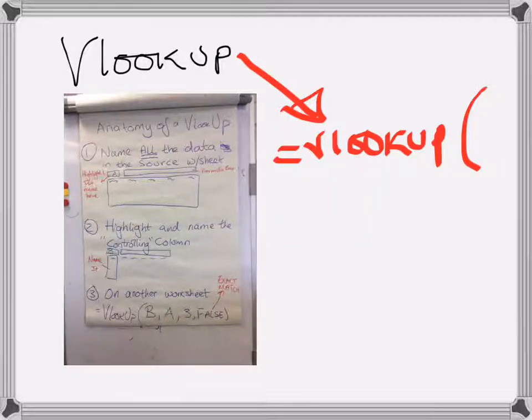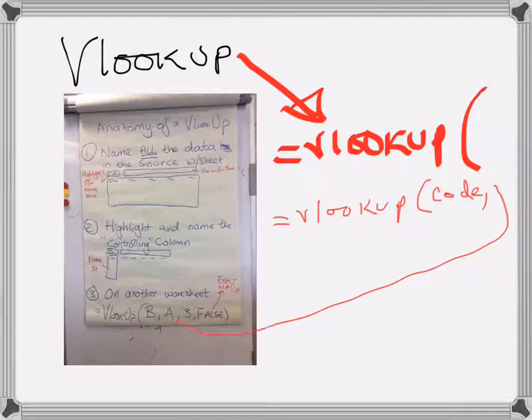So it could be equals VLOOKUP, open brackets. So you've got the code that you're going to use for your search, followed by the name of the whole table, which would be A, and A is basically going to be this area. That's the bit that will come after the comma.